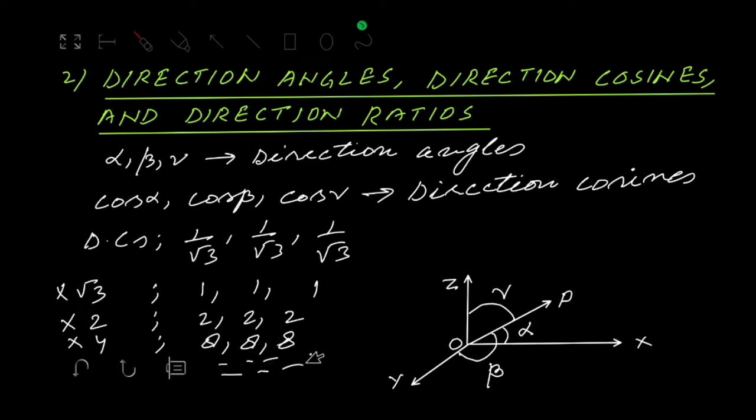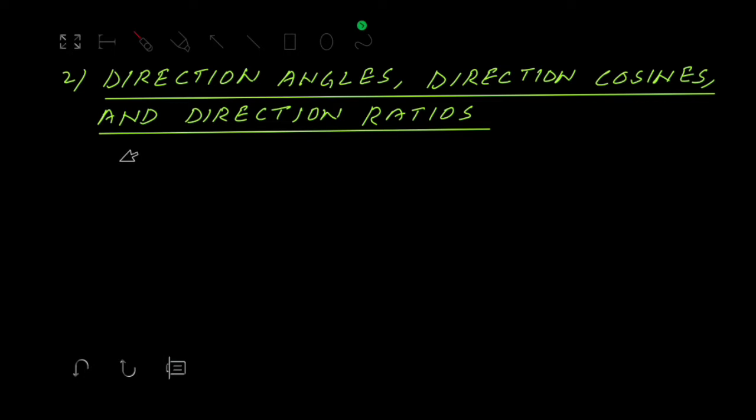So that means we may infer a very important corollary from this fact, that is, every vector has unique direction cosines, but its direction ratios are infinite. Now here we would like to discuss how to change direction ratios into direction cosines, because this is a very important topic.